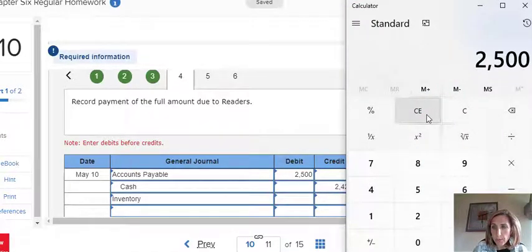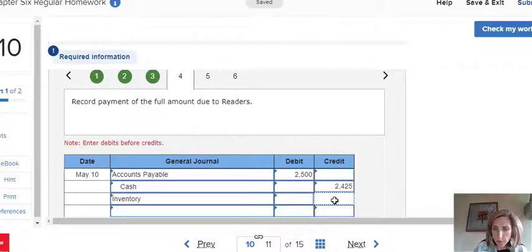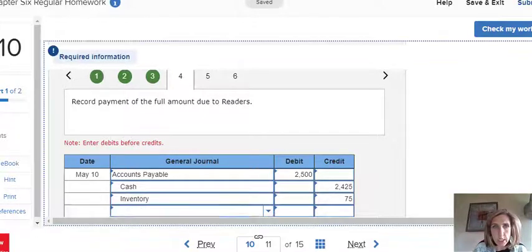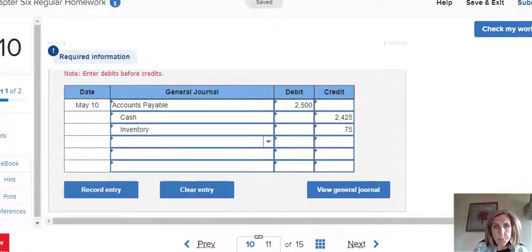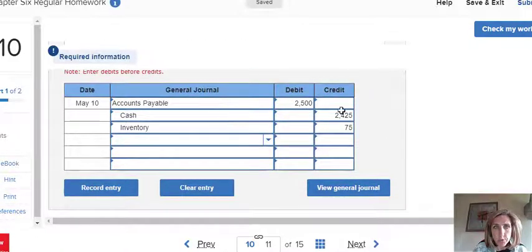So the 3%, if I take 3% of $2,500, it's $75. It's going to be credited to inventory. You're going to credit the inventory account on that discount because it's costing you less. You want to know the true cost of your inventory. Credit cash for 97% on mine. If your discount were 2%, you would credit cash for 98%. The inventory is credited for the discount amount.